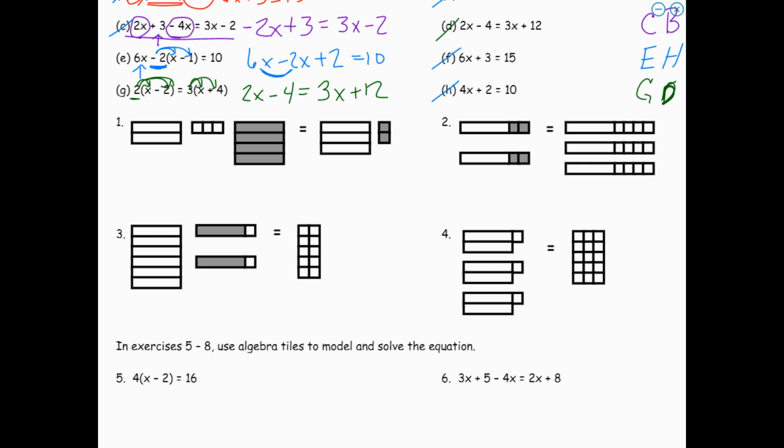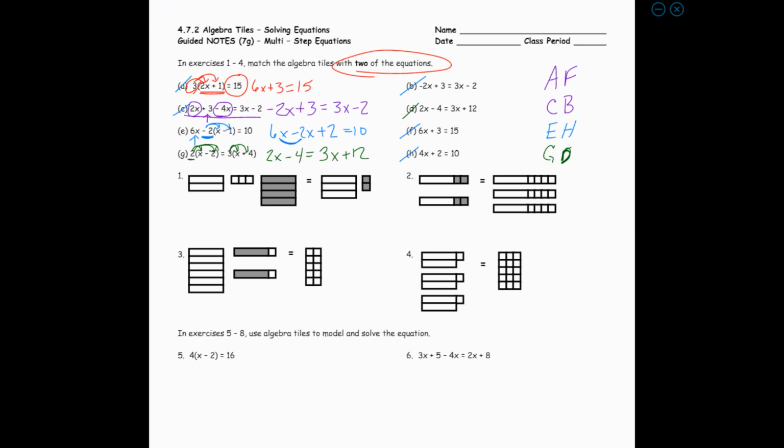So on this one, what did the directions say? It says on 1 through 4, match the algebra tiles to 2 equations. So we already matched our equations at the top.